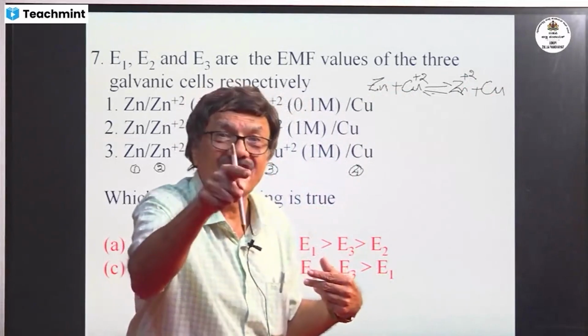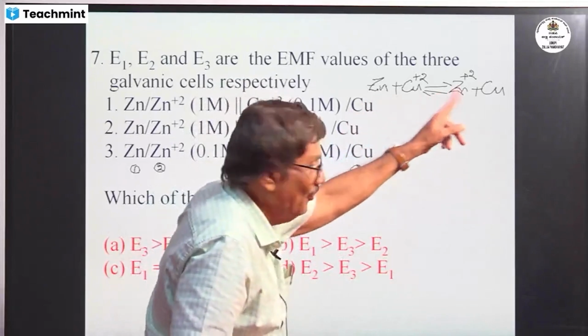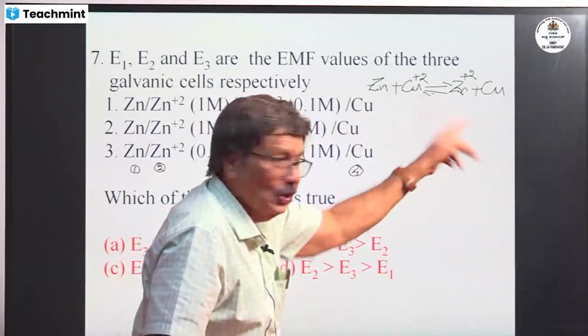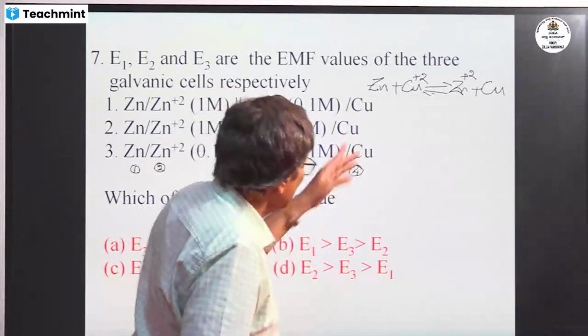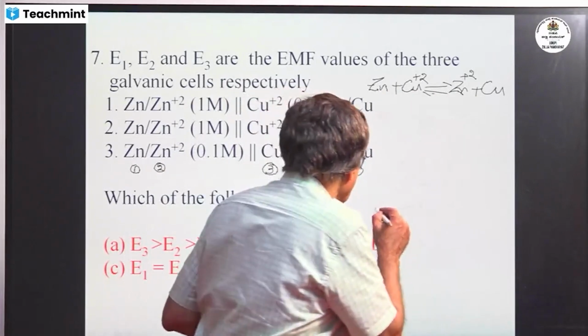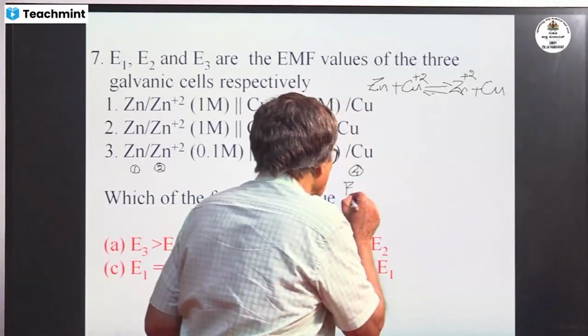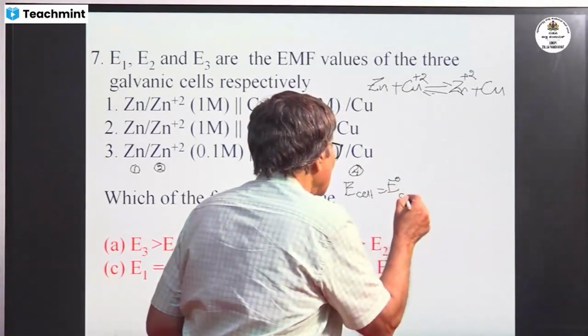If the reaction is given, to write the cell, same trick. 1, 2, 3, 4. 1, 3, 2, 4. The same. For this Daniell cell, E cell is equal to E naught of the cell.